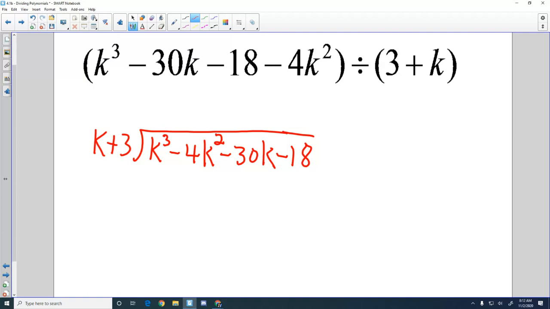It's like combining like terms when you do that subtraction part. And remember that you're subtracting, so you have to distribute that negative. So it's going to be a negative 4k squared minus 3k squared. That's the tricky part that I said everyone messes up.